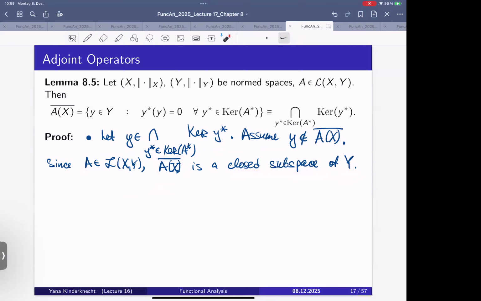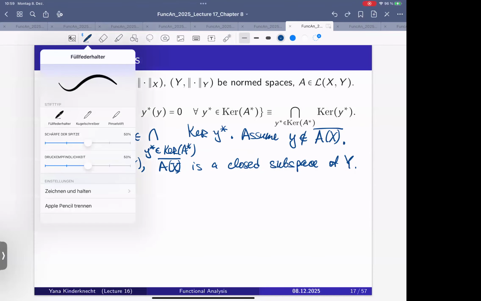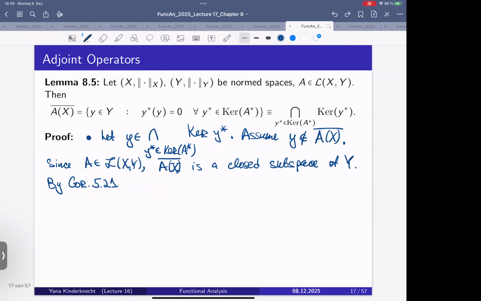Now, again we use the Hahn-Banach theorem and its corollary. It was corollary 5.2.1 of the Hahn-Banach theorem, in lecture 12.